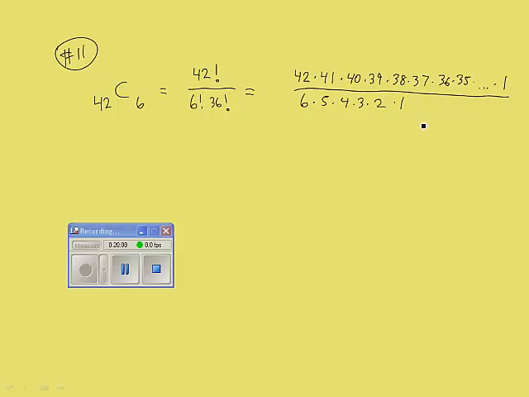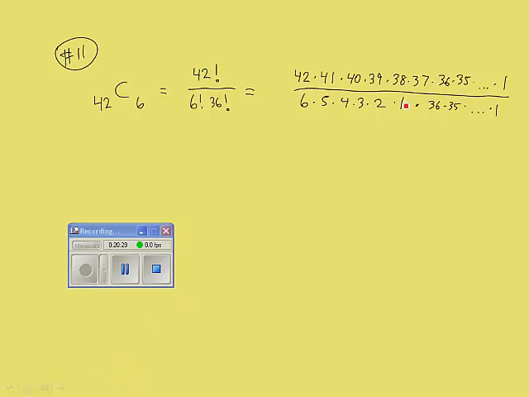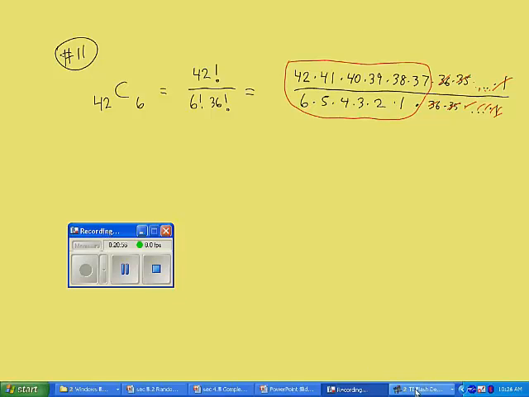And now if I write 36 factorial, because it says times 36 factorial, that's 36 times 35 times, can I put dot, dot, dot? You guys know what I mean? Okay. Times 1. And what Jeff was noticing, or maybe have you seen this before or no? Well, that's cool because everything's being multiplied and you're allowed to cancel fractions when everything's being multiplied. So see how this 36 matches up with that 36? And that 35 matches up with that 35? Okay? Etc. So, really, you could just work on this fraction. And there's your answer. I mean, is that much easier? I don't know.